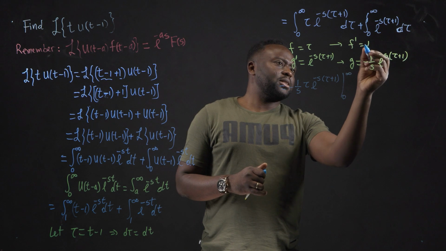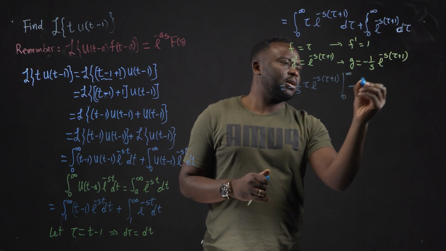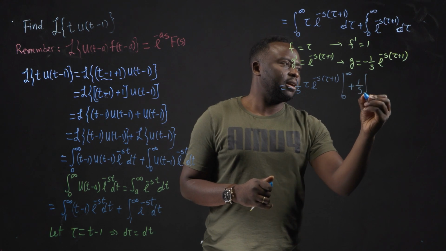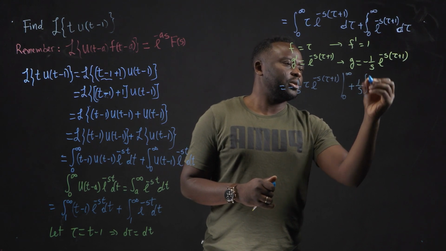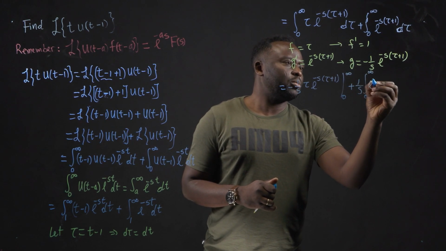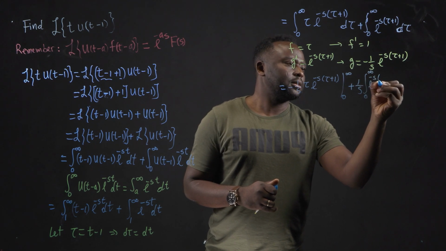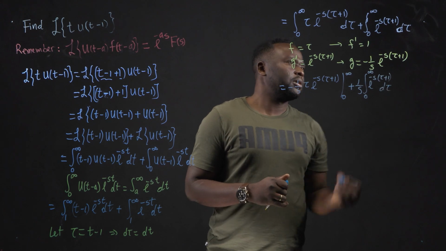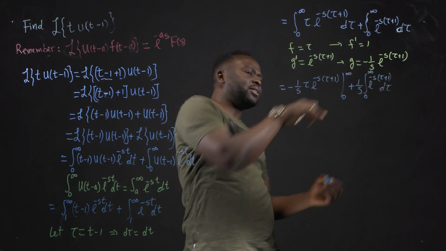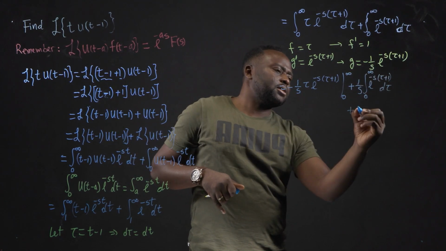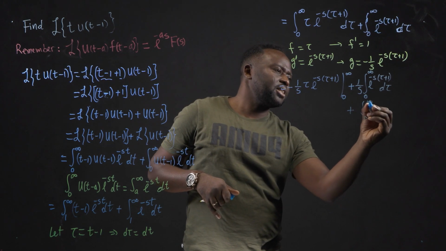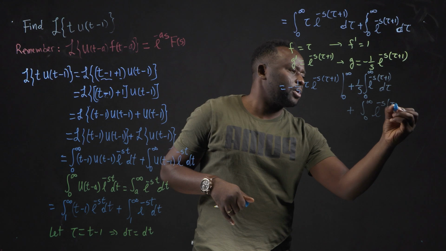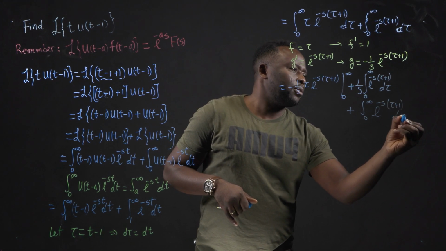The second part is this integral: the negative sign, minus minus, gives 1 over s, times the integral from 0 to infinity of e to the power minus s times tau plus 1, d tau, plus the second part, which is just the integral from 0 to infinity of e to the power minus s times tau plus 1, d tau.